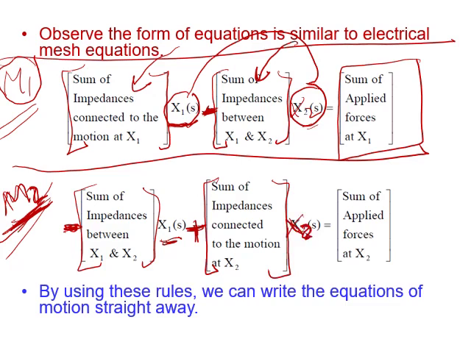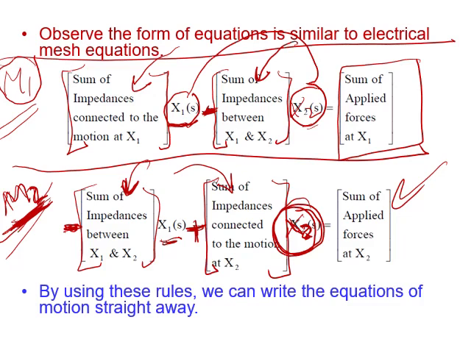Why am I writing it this way? Because I want you to know that the link between M2 and x1, the total of the impedances between them, will be placed here. Here we are going to get the total impedances connected to x2, equal to the sum of forces applied to that point.